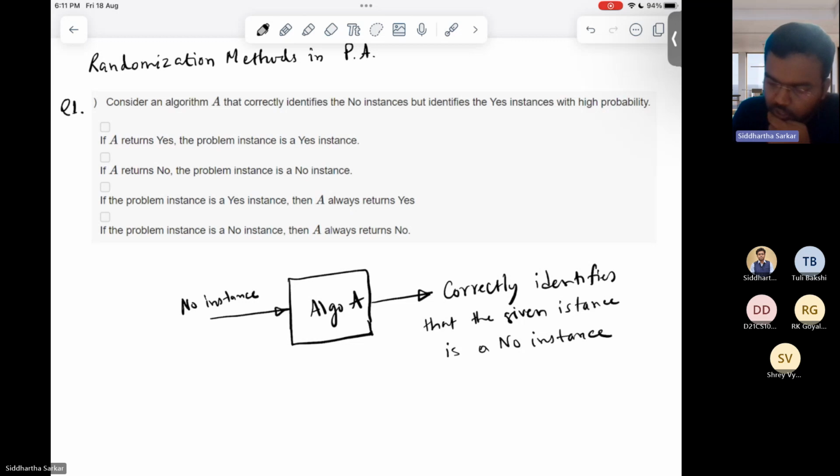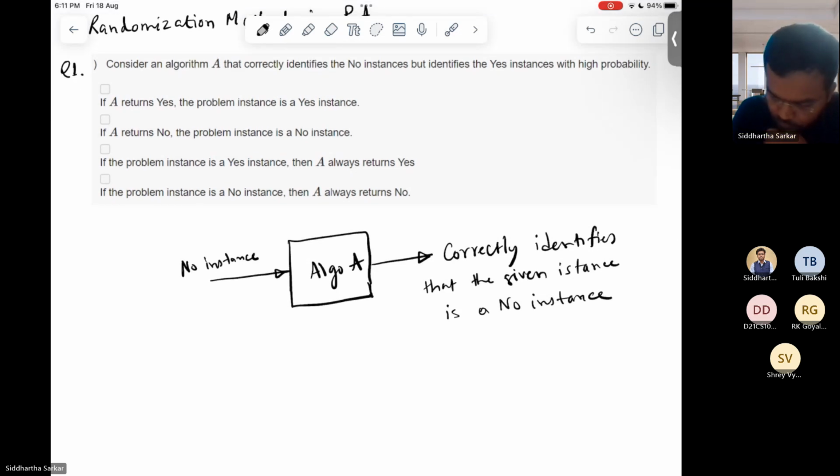Okay, but if you give it a yes instance, so let me copy this, or I'll just draw once again.